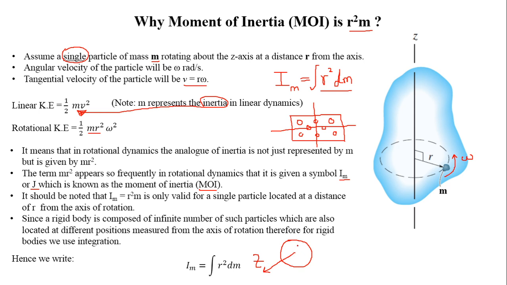Because this is a rigid body made up of infinite particles, to use this formula we have to use a differential element in which the mass is located at almost a constant distance from the axis z. We see here that if we consider this ring element, its thickness is of differential level dr.